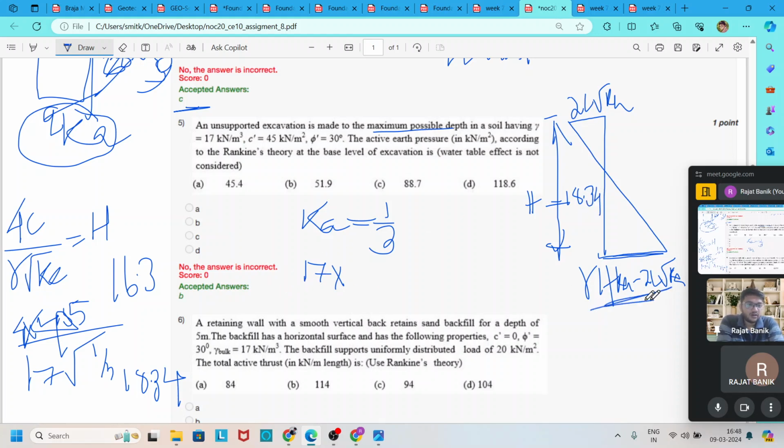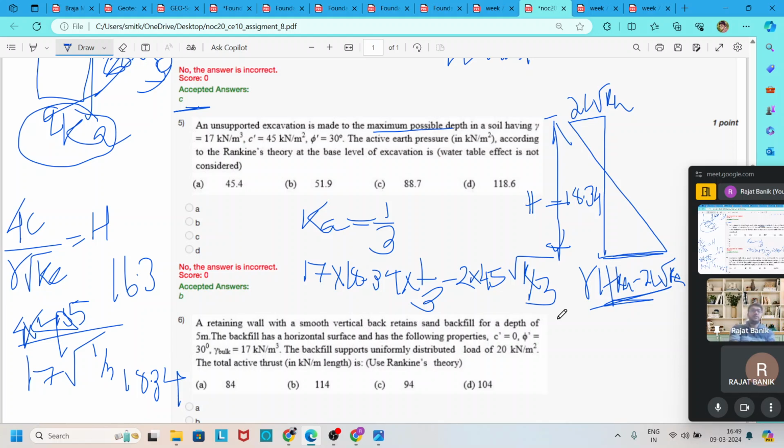Now put the h value here. H is 18.34. Then K we find out is 1 by 3, so the pressure is 17 into 18.34 into 1 by 3 minus 2 into 45 into root over 1 divided by 3.